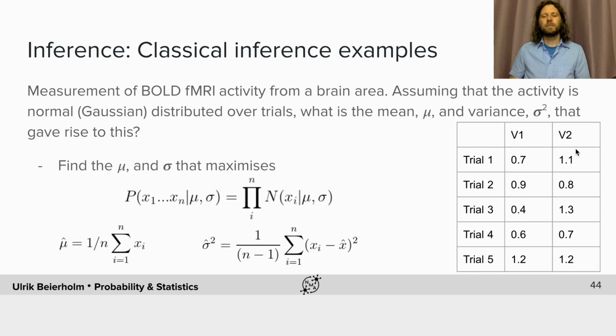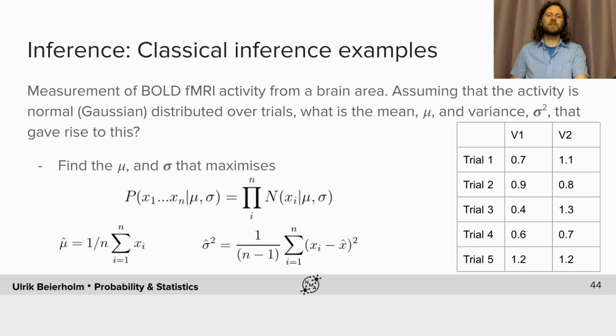And given this activity, you might want to know something about the parameters that gave rise to it. So if we believe that these are normally distributed, then of course we can summarize it based on just the mu and the sigma. So we can try to find those by using inference of the maximum likelihood type.